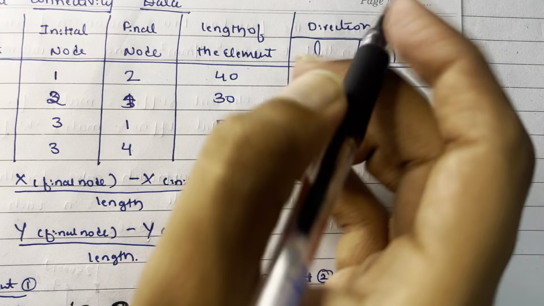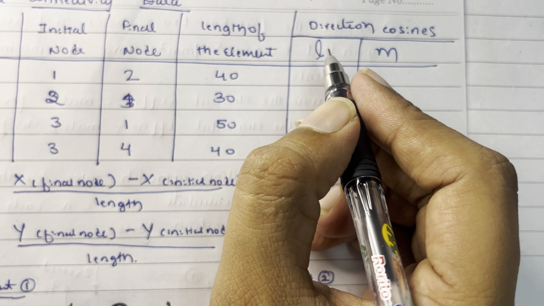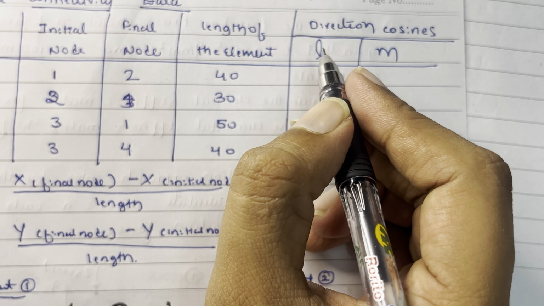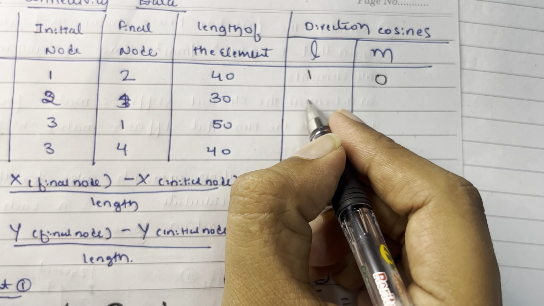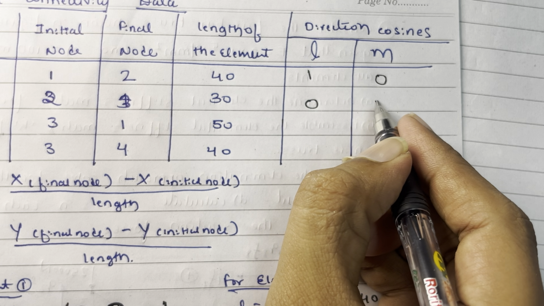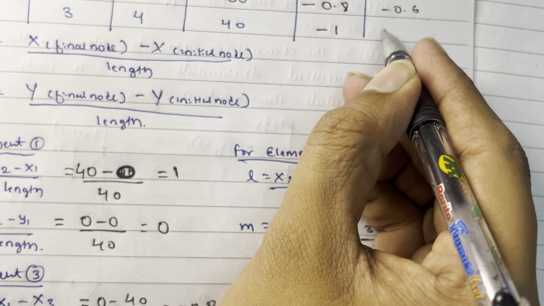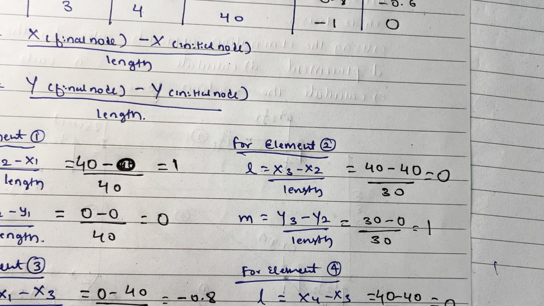For element 1, L is 1 and M is 0, and this is 0 and this is 1, this is minus 0.8, 1 and this is 0.